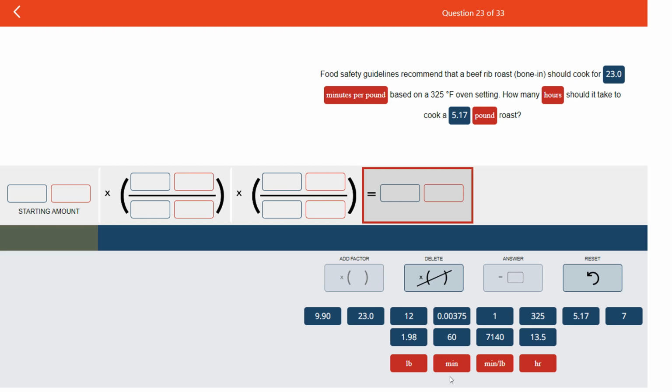If you notice, anytime you see a unit that says something per something, that is a compound unit or a conversion factor. So this 23 minutes per pound is saying it takes 23 minutes to cook 1 pound.